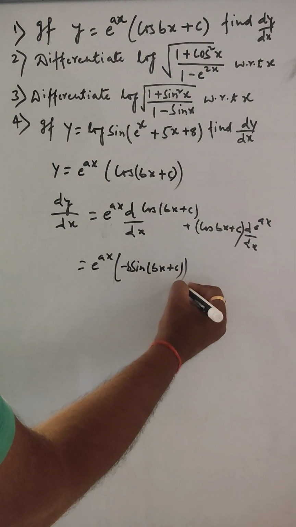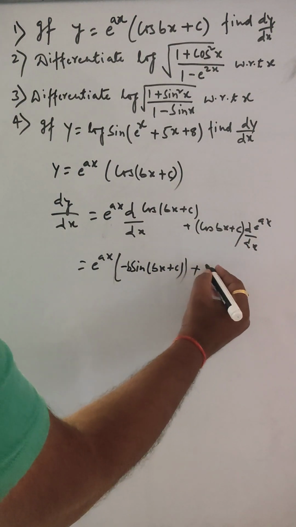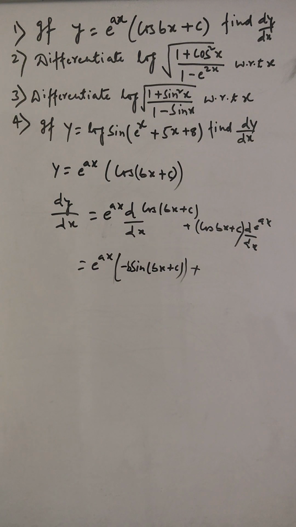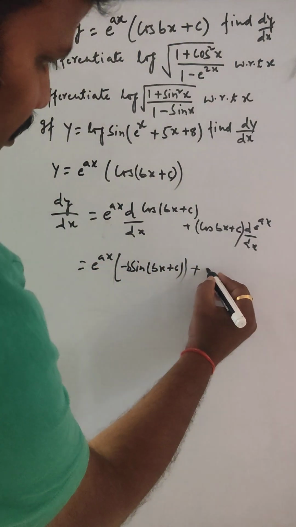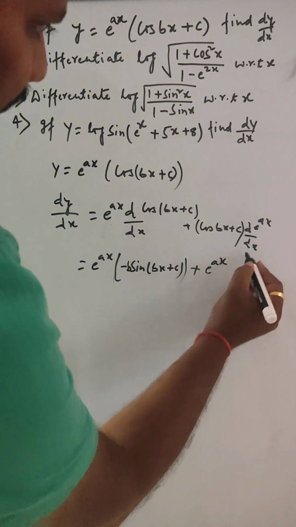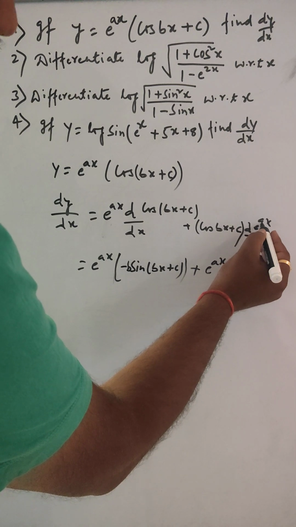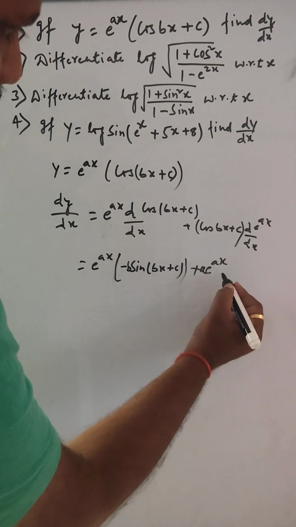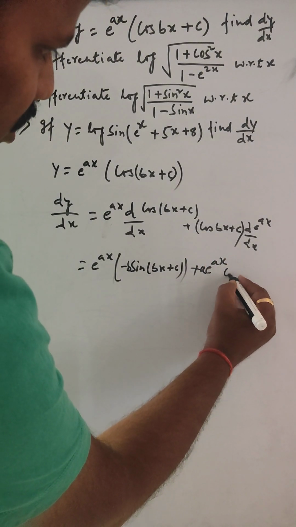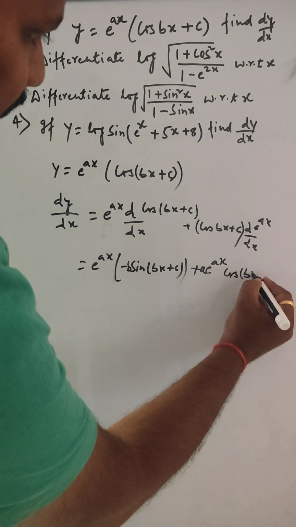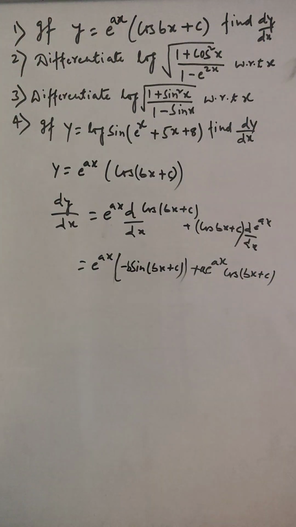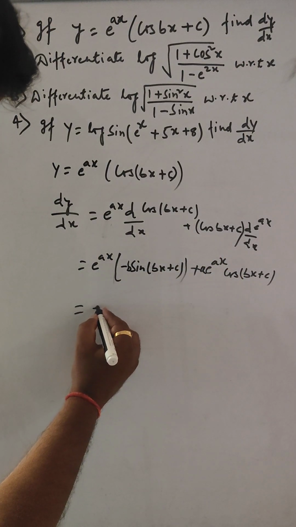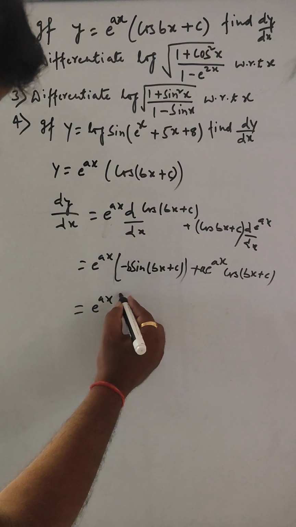Now this side, differentiation of e to the power ax. Differentiation of e to the power ax is what? e to the power ax, and a comes from the coefficient of x, so it will be a over here, and then cos(bx plus c). So we can take e to the power ax common.